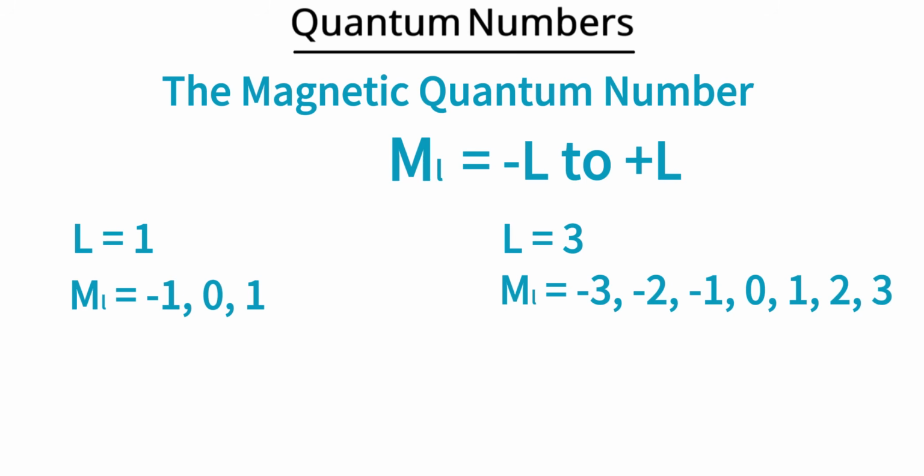Each value represents a different orientation of the orbital. Think of the magnetic quantum number as the direction in which the apartment faces, like north, east, west, etc. Even if apartments are the same type of room, they might be oriented differently in the building.